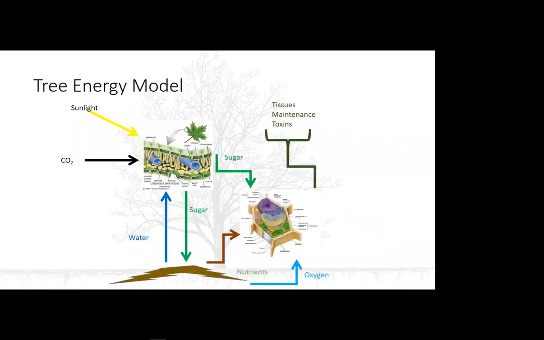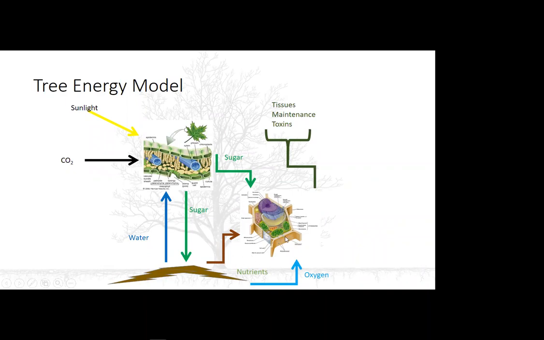And this leads to a model of tree energy. So down here you have the roots. It's pumping water up into the leaves where it's combining with carbon dioxide and sunlight to make sugars, which are going into either storage or into the living cells.